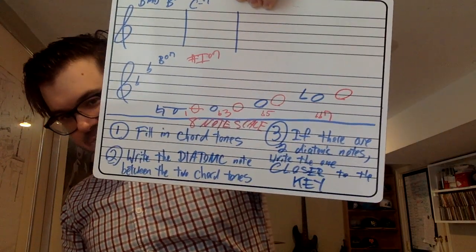The note B flat as opposed to A. I'm not saying that A is not a good note to use on a B flat major chord. It makes it a B flat major 7. It's pretty great. I'm just saying technically which one is closer to the key. 1 is the closest to the key you possibly could get.